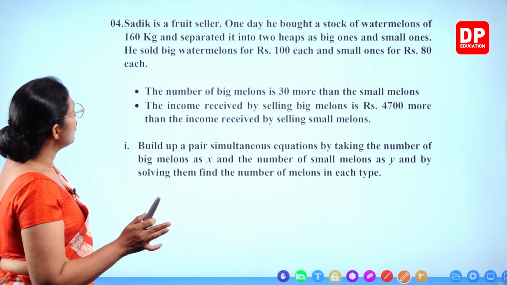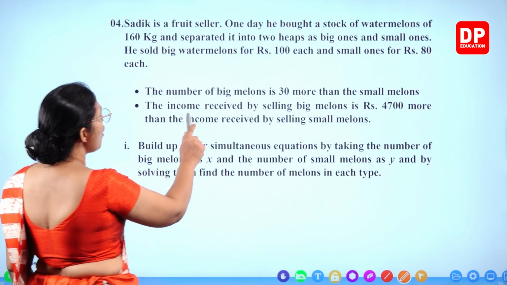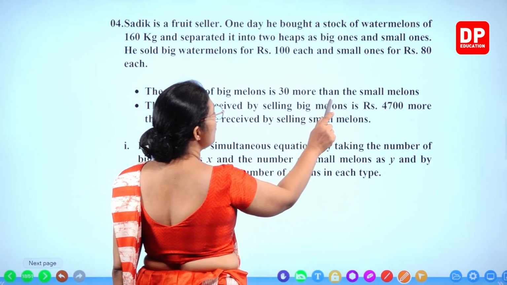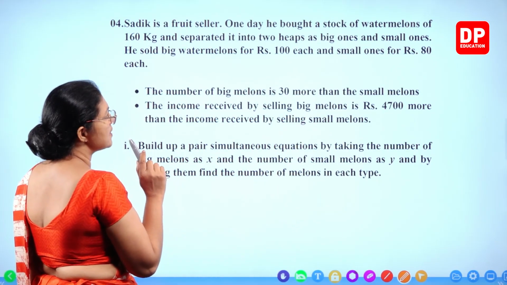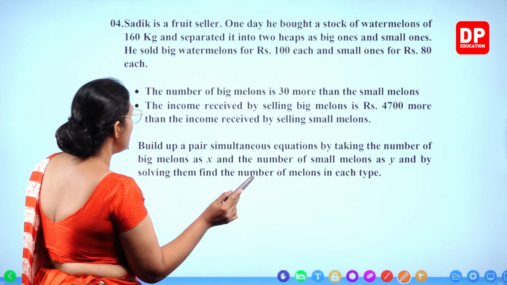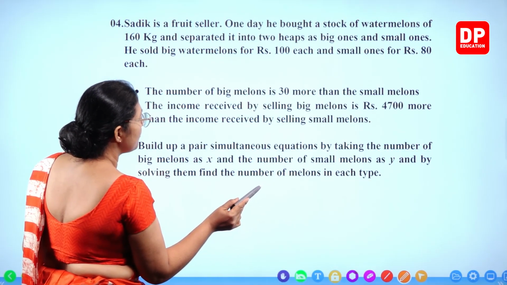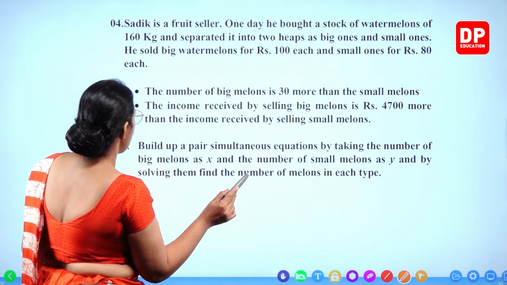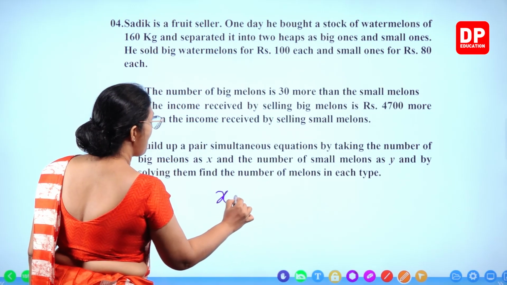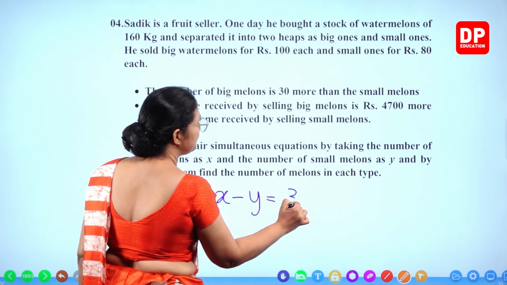He sold big watermelons for 100 rupees. The number of big melons is 30 more than the smaller ones. So when you subtract the number of big ones, x, minus the smaller ones, the difference is 30.